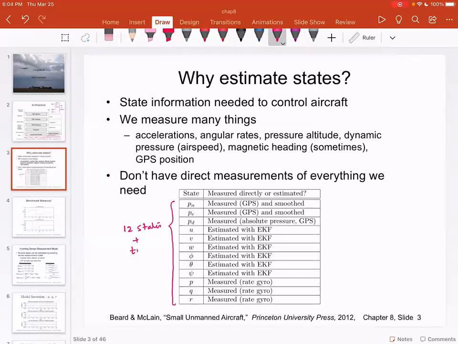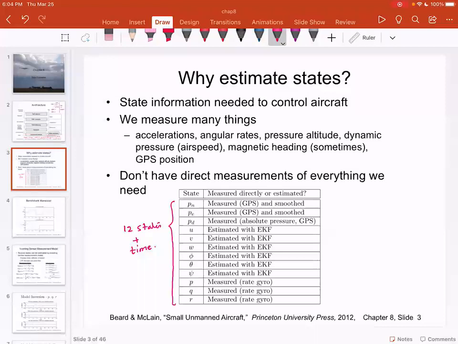Sometimes you have to estimate the time as well. So you have 12 states: the position in north direction, position in east direction, position in down direction. You have forward velocities in body coordinate system, UVW. You have roll, pitch, yaw, and then you have PQR.